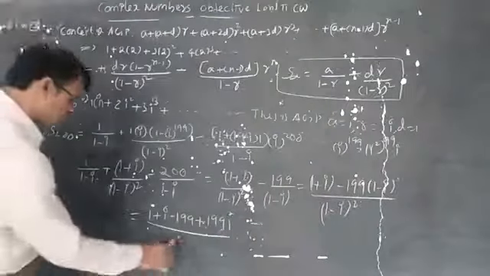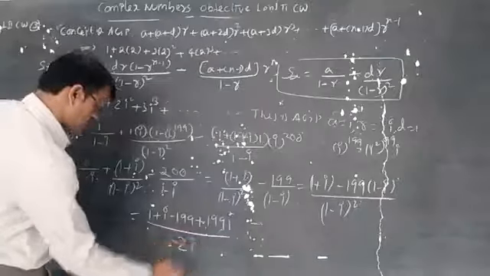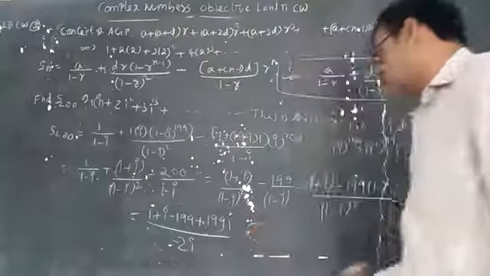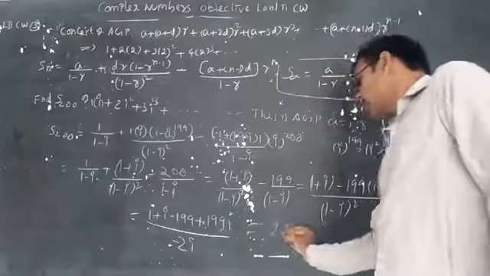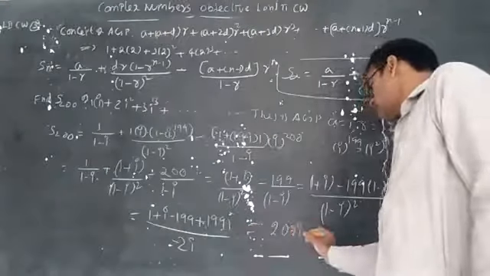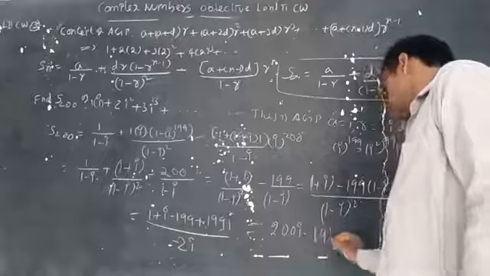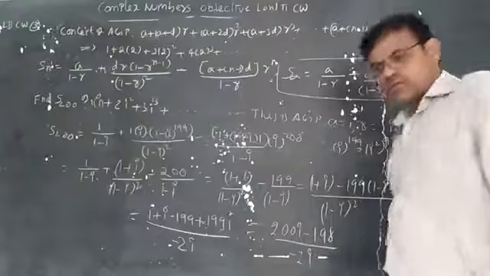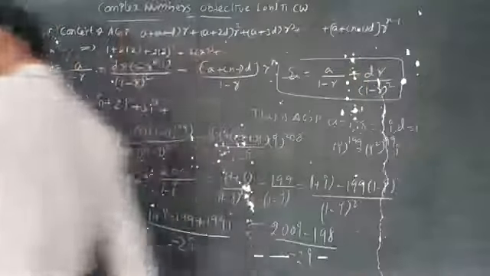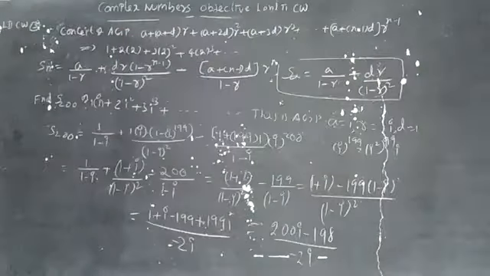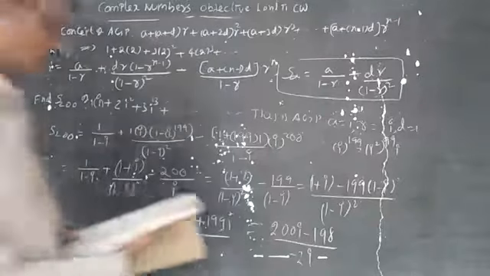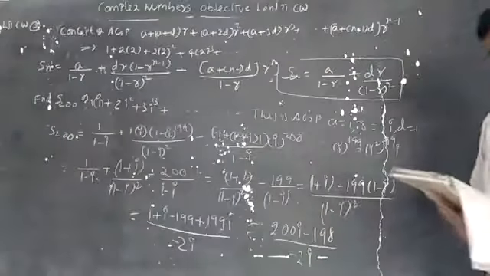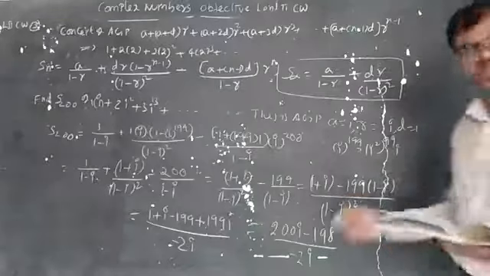So it is simply minus 2i. 199i plus i becomes 200i, minus 198, by minus 2i. The answer is given as 100 into (1 minus i). So somewhere we made a mistake.